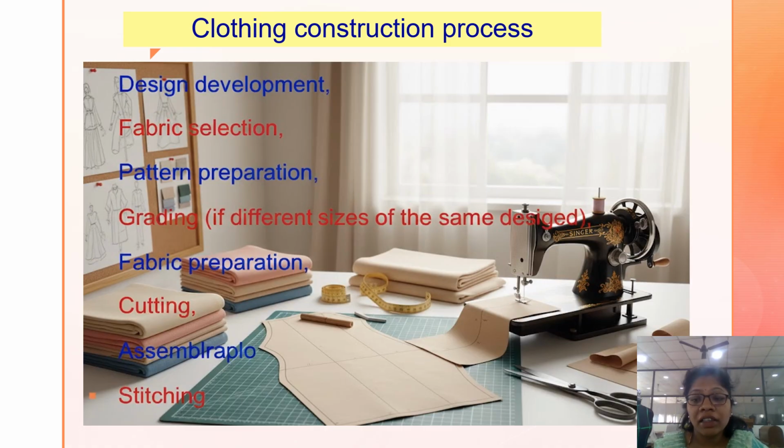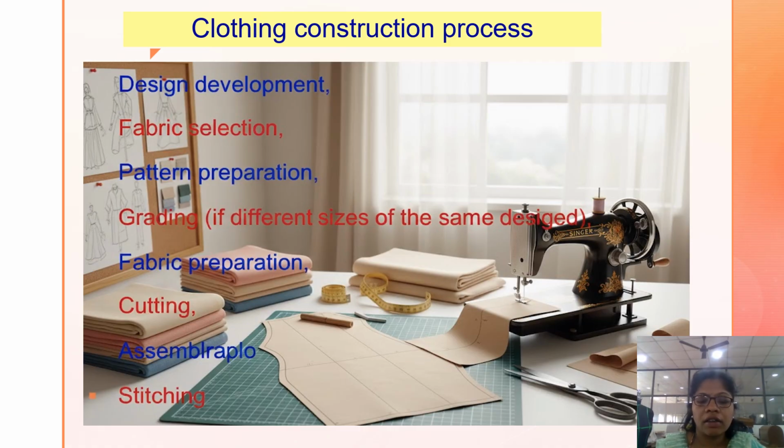It may depend on the season and the end use for which we want to create that garment. The quality, color and texture of the fabric are all considered when selecting the fabric. Followed by fabric selection, we need to focus on pattern preparation.